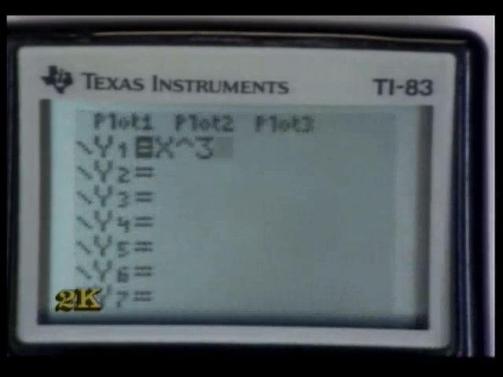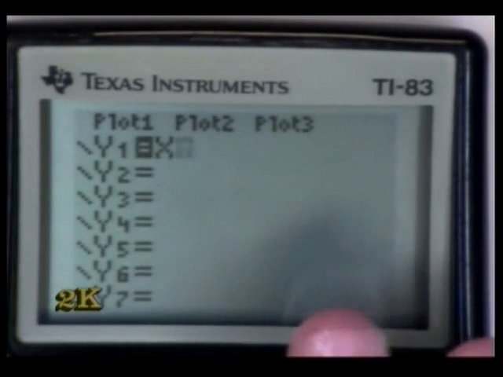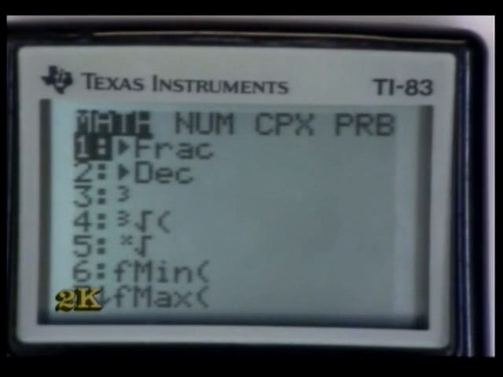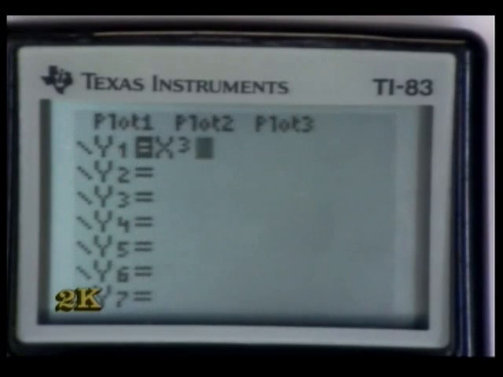So I could have done x, then gone to math, and pushed number 3. That would put a cube up there. That only took one more button push than to use the caret here, but the reason that I tend to rely on that caret is that the hard part is remembering where it was. I just happened to remember that was in math.